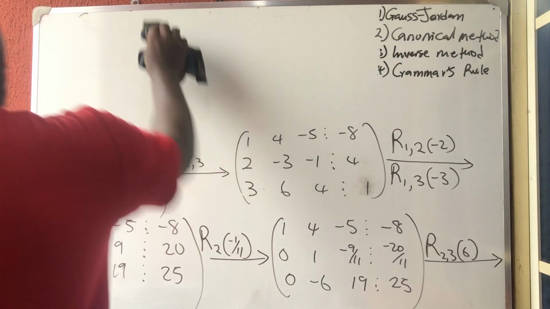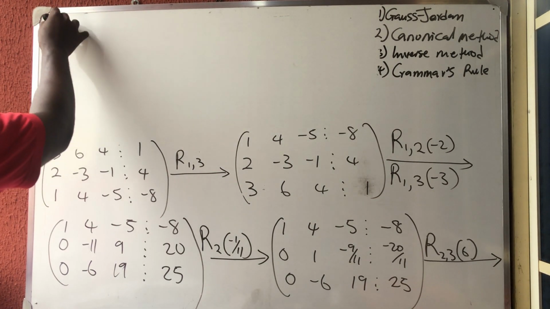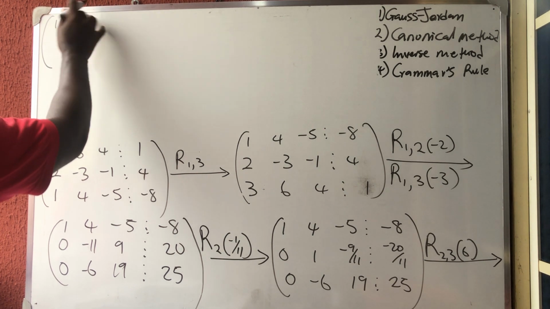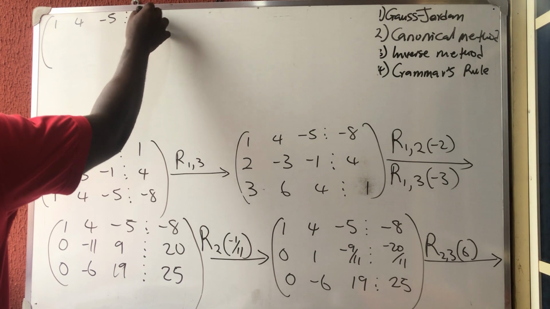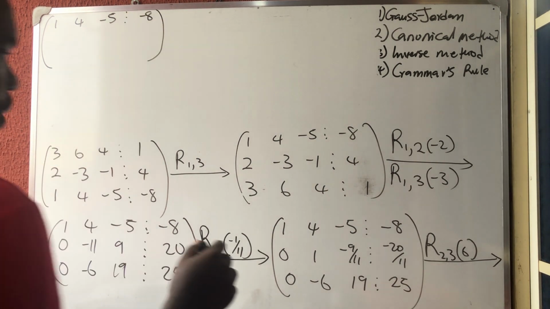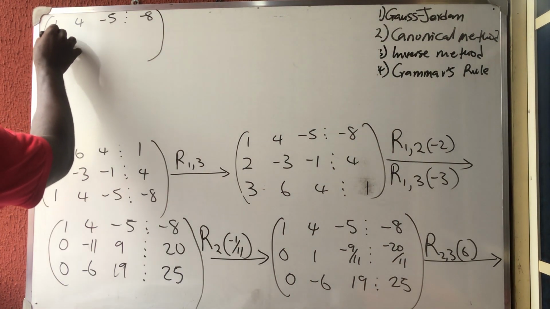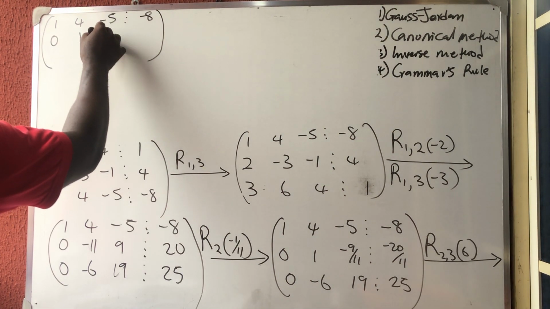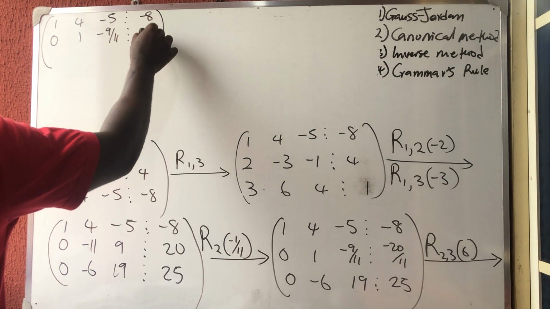So we are going to have 1, 4, minus 5, dot, dot, dot, minus 8. Then we are multiplying row 2 and adding to row 3. So row 2 remains the way it is: 0, 1, minus 9 over 11, dot, dot, dot, minus 20 over 11.